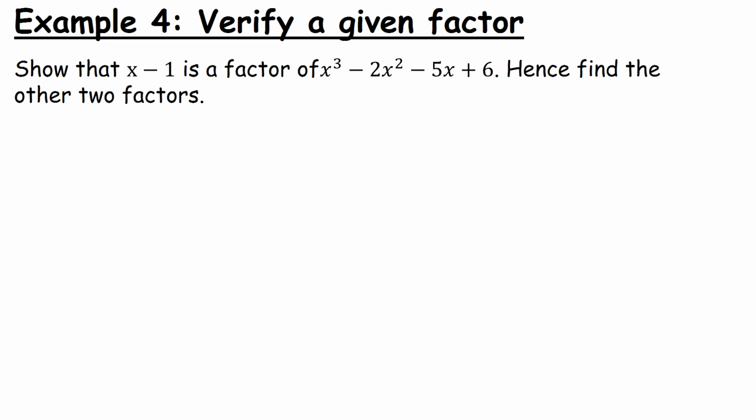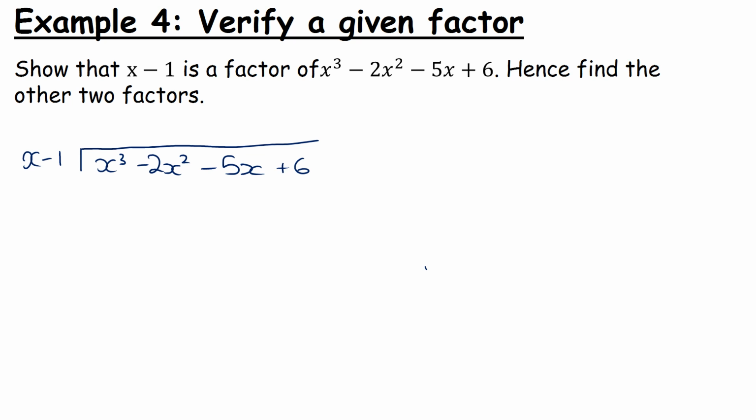So we're going to use the same method here. In order to do the verification that x minus 1 is a factor, we're going to divide x minus 1 into x cubed minus 2x squared minus 5x plus 6. Now, in these questions, if it says show that, it will be correct.